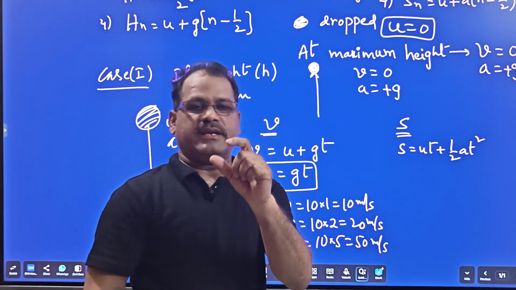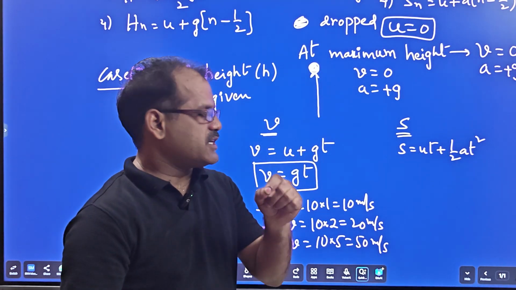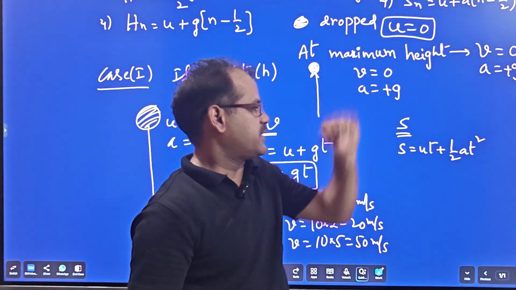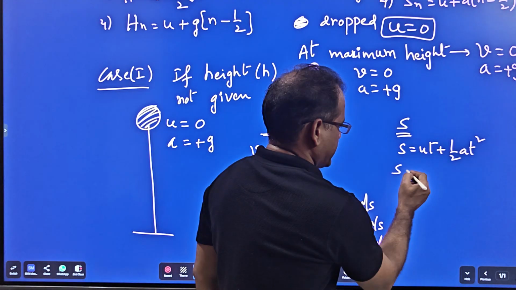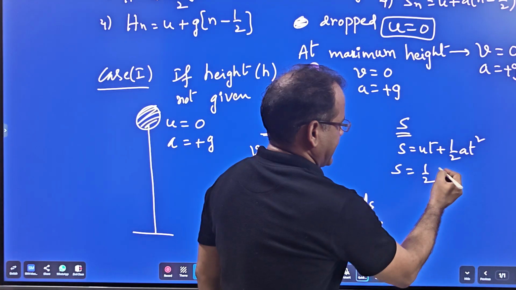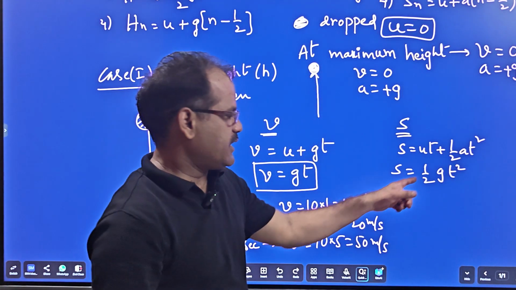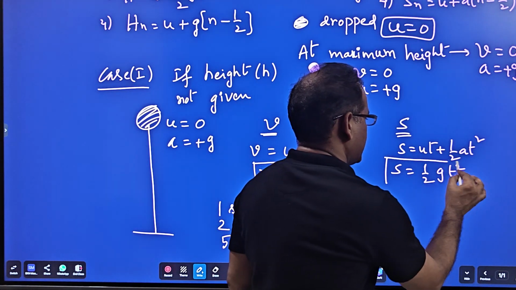At a particular instant, that means at the 4th second or 10th second, if it is given, we have to use the 4th equation. Here in this case, u value is 0. In the dropped case, the distance is equal to half g t square, where acceleration while falling is g. Directly we can use this formula to find how much distance an object covers after dropping.